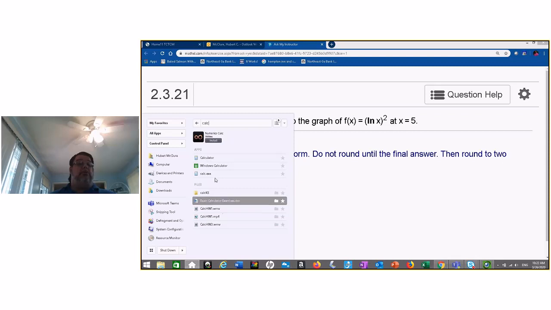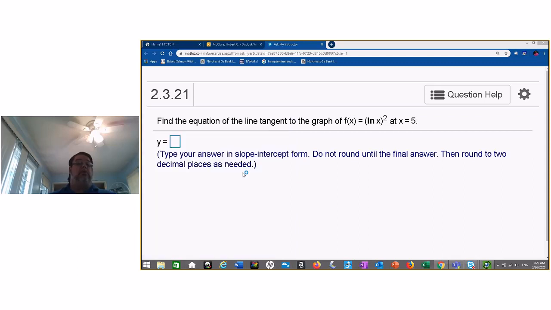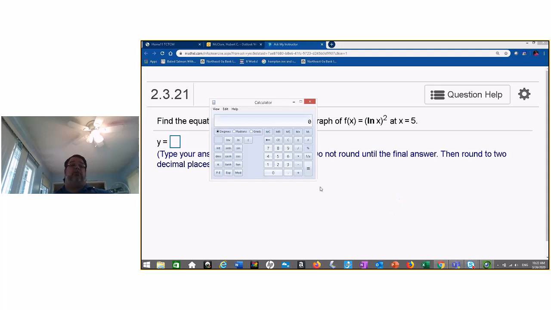Okay, there we go. All right, so natural log of 5. I can't even see natural log on this thing. Oh, they have it reversed. So clear, 5, natural log, raise that to the second power.